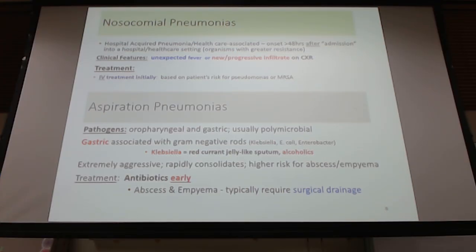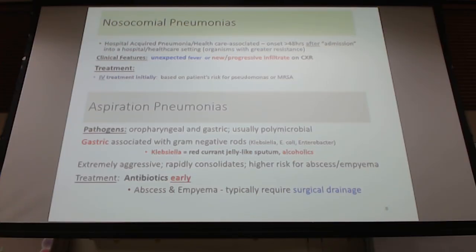Klebsiella is very commonly associated. The most common etiology for this is actually polymicrobial, but Klebsiella, again, is a classic association. It's not the most common, but it's something that I've seen on PANS, so I'd like you to be able to make that association to aspiration pneumonia.